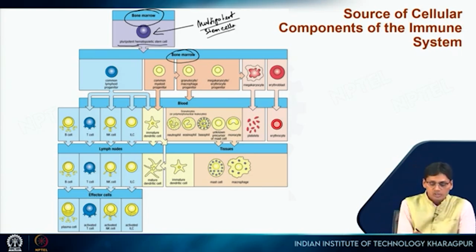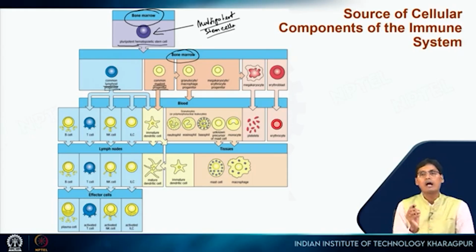Let's see. Initially, they can differentiate into lymphoid progenitor and the other one is myeloid progenitor. Lymphoid progenitors will make mostly immune cells like T cells, B cells, NK cells, those kinds of cells.